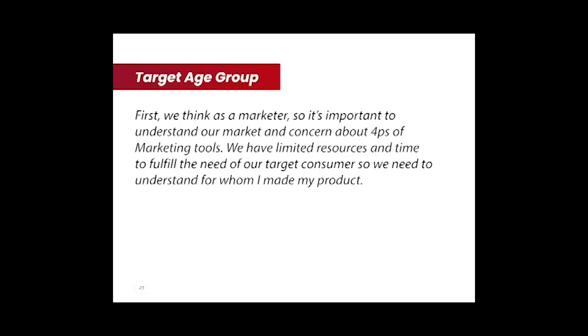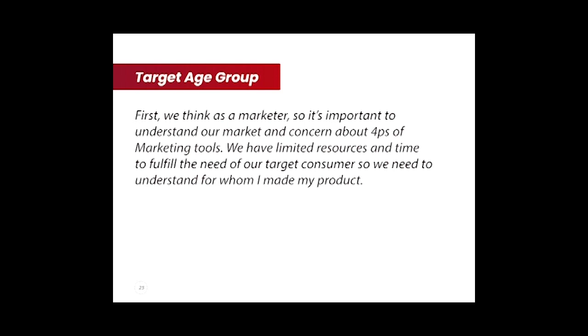So next is the most important thing we need to understand better before making or thinking about toys and games. This one is about for whom we create the toy and game. And here the segmentation is age group.